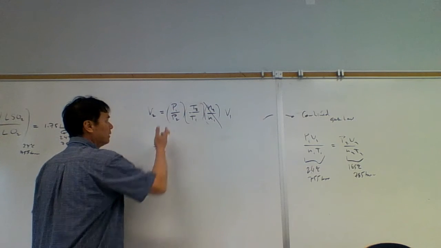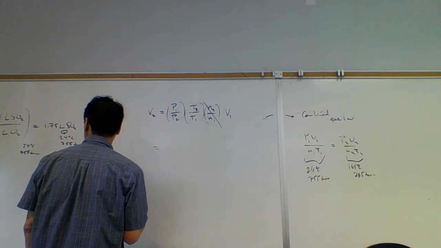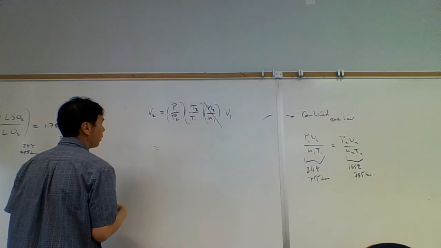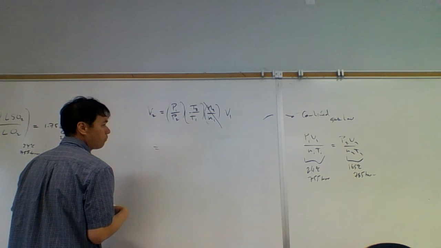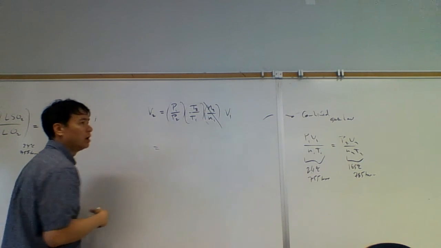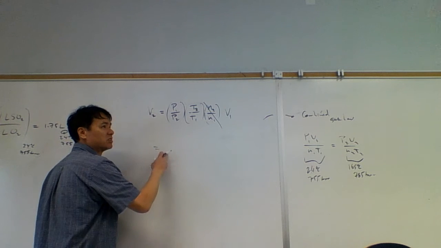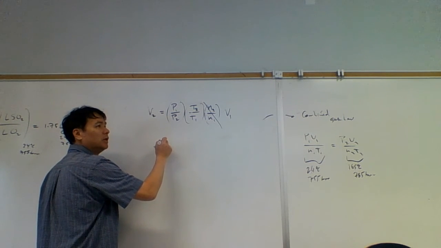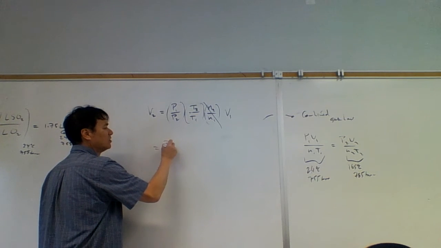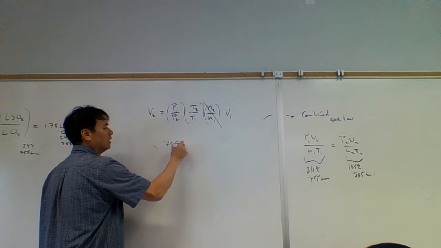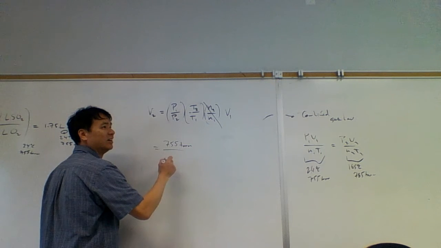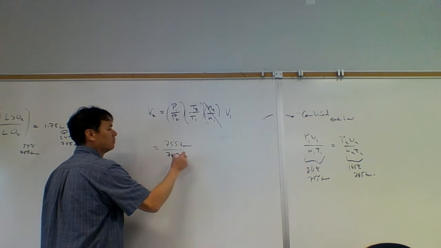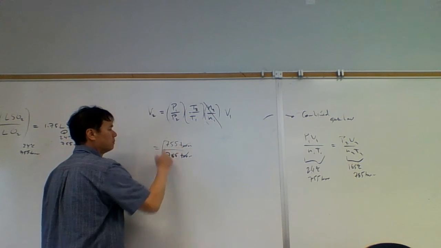Do we have to convert this into atmospheres? No, the answer is no, because the units are going to work out anyway. So P1 is 755 torr, and P2 is 785 torr. The torr cancel.